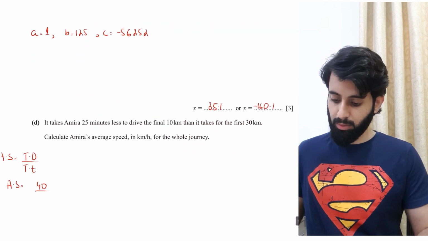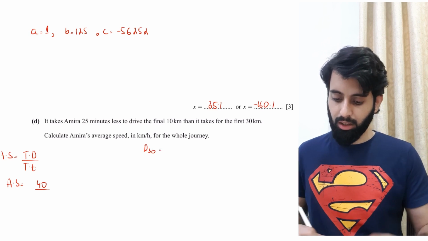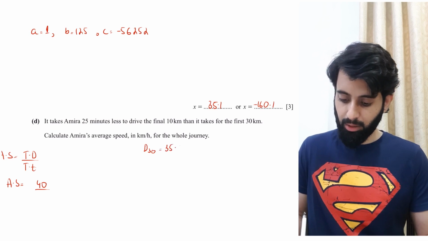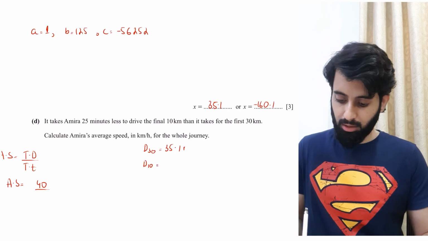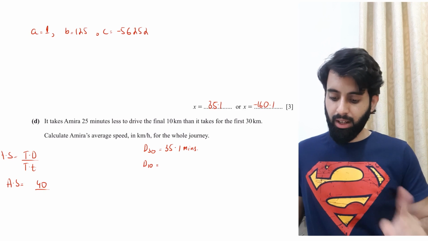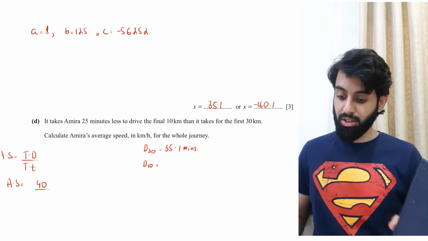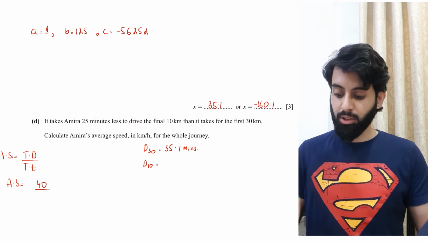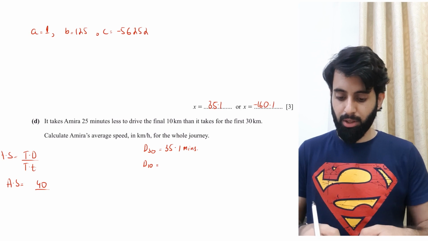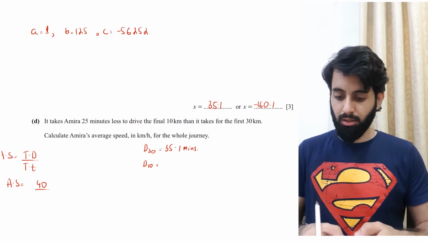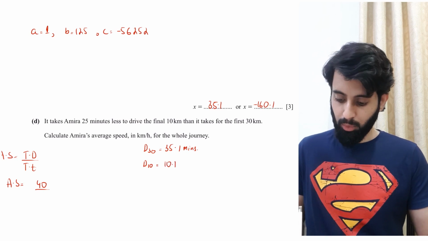So that means when she's driving the first 30 kilometers, it takes her x minutes, which is 35.1. And then when she's driving the final 10 kilometers, remember this is minutes, it takes her 25 minutes less. So that means it's going to take her 25 minutes less than 35.1. So 35.1 minus 25. So now I have 10.1 minutes.